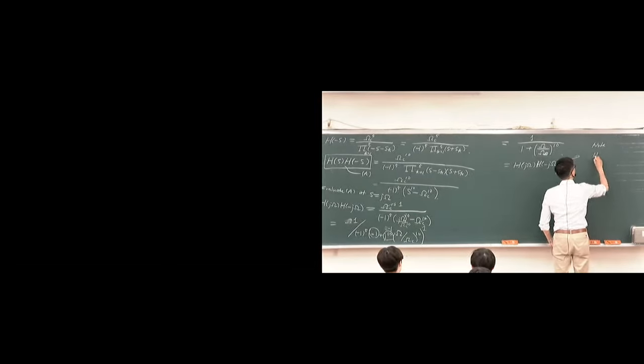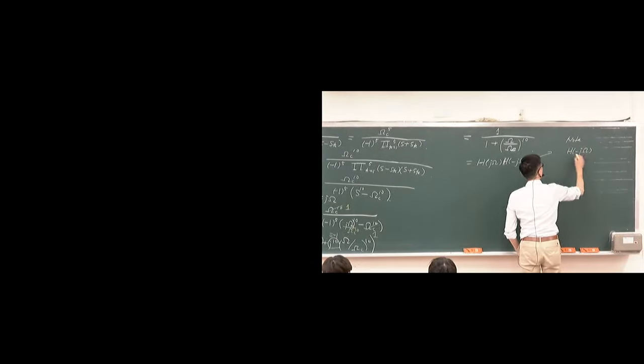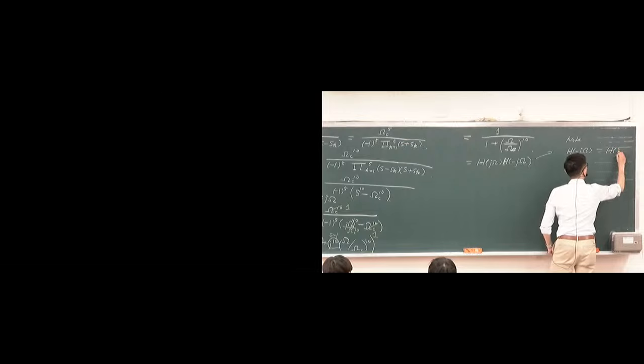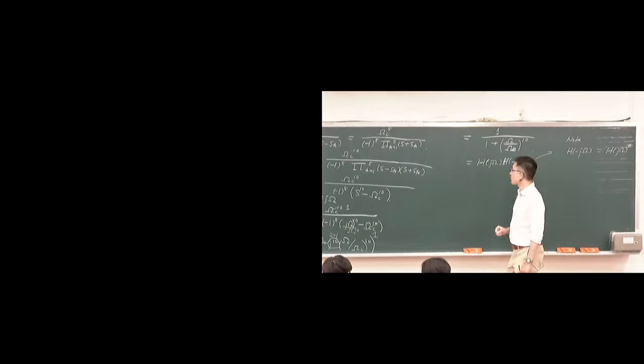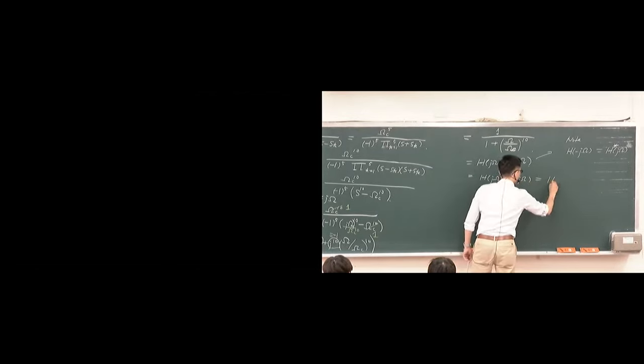So therefore, note that in general, H evaluated at minus j omega is going to be equal to H evaluated at plus j omega, conjugated. Now, we have this property right here. Maybe I should put a conjugate sign right here. Conjugate. So therefore, when we multiply the two of them, we get H of j omega times its conjugate, and that's actually the magnitude square for sure.